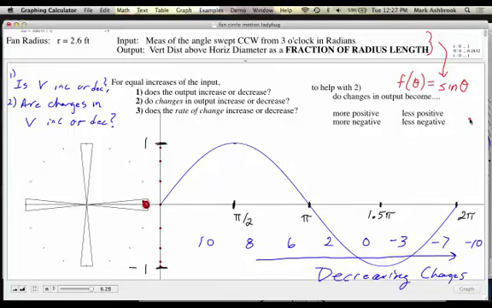That's what sine is. The input is the measure of the angle swept counterclockwise from 3 o'clock. The output is the vertical distance above the horizontal diameter as a fraction of the radius length. Since we're using that fraction of radius length, this works for all circles.